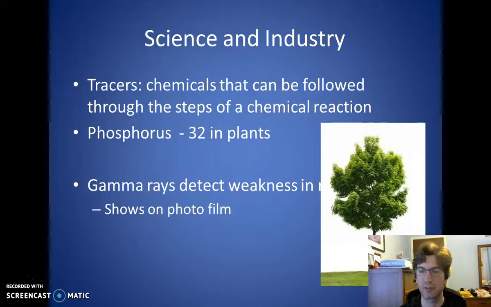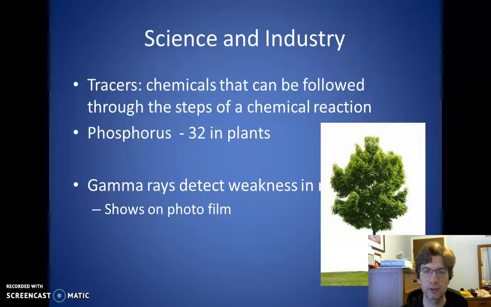Again, phosphorus is found in a lot of your fertilizers with nitrates. So we're going to put phosphorus into this plant, phosphorus-32 to be particular, which is radioactive and is going to start giving off gamma radiation. So I'm going to start looking for where that gamma radiation is coming from, and then it's isolating parts of the plant that use phosphorus.